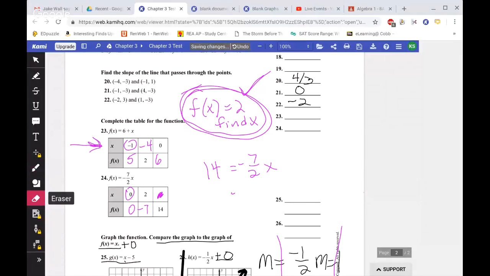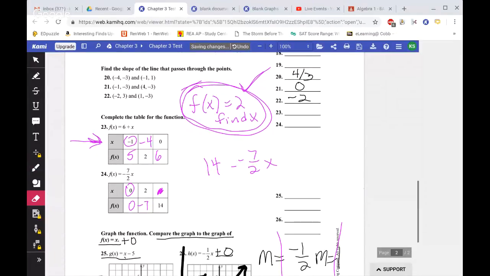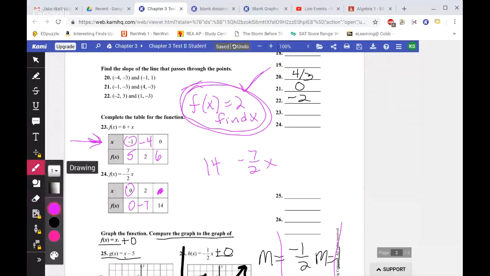And in order to do that, you have to multiply. To clear the fraction, you multiply by the opposite reciprocal, or by the reciprocal. So 4 equals x.